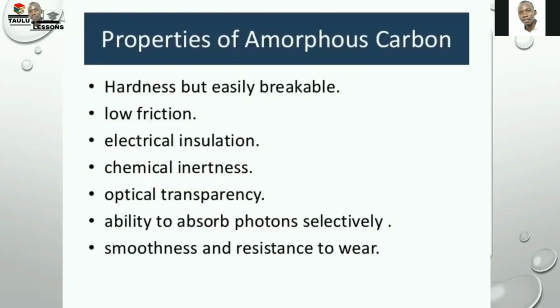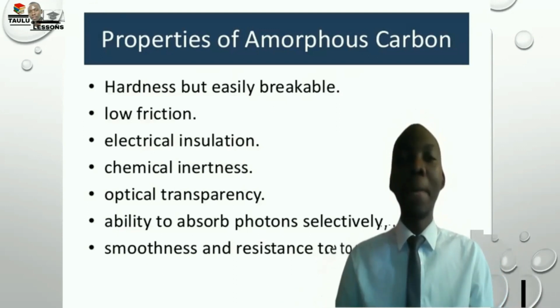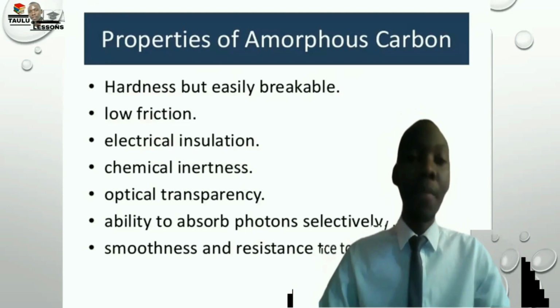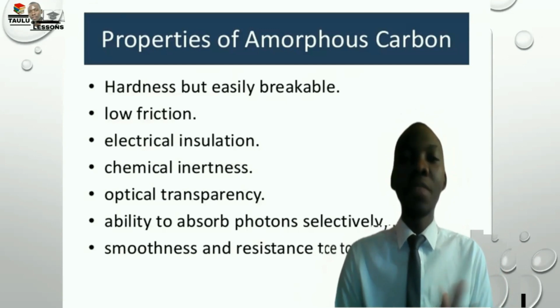Some of the physical properties of amorphous carbon are as follows. Number one, the amorphous carbon we are talking about is hard, but it can still be broken. So they are hard, but easily breakable. The other property of amorphous carbon is that they cause low friction between each other.